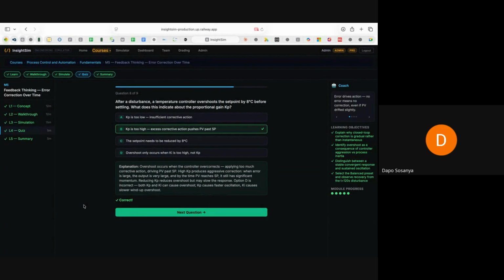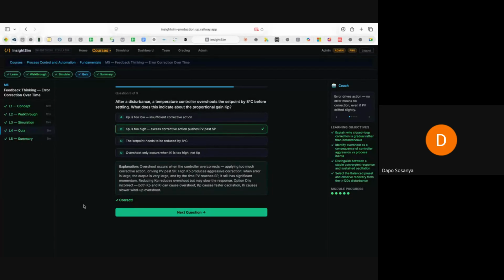In doing that, it goes down below the SP, and then the controller realizes again that there is a deviation. Then it takes it up again. That oscillation around the SP is the winding by the integral term.